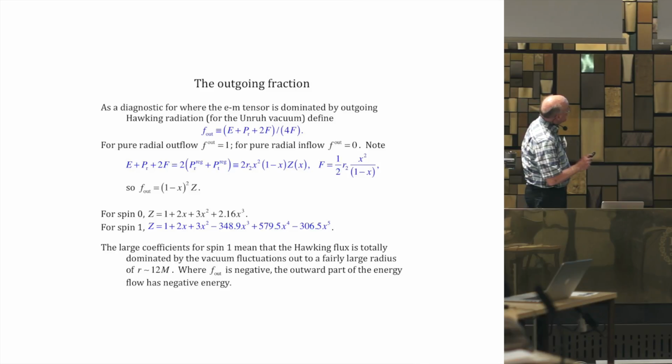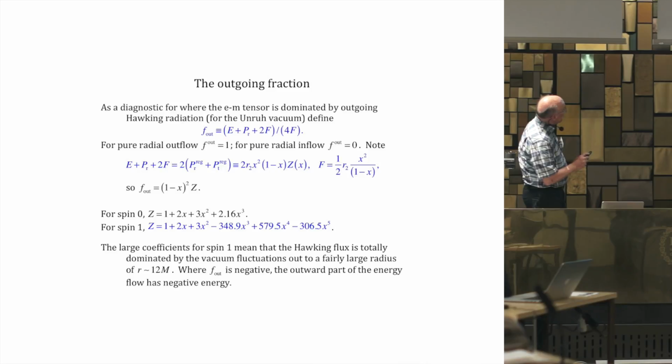So this combination, E plus P radial plus 2 times the energy flux, is equal to 4F, because for a purely radial outflow of positive energy, the energy density and radial stress and energy flux are all equal. So this is 4F, and this divided by 4F gives something which is just 1.